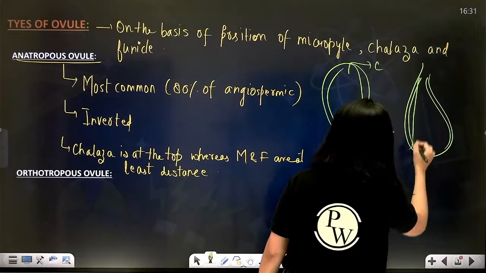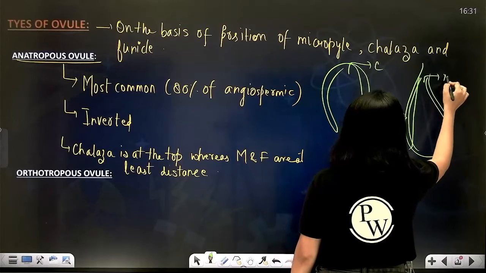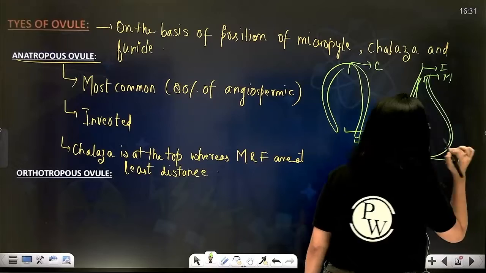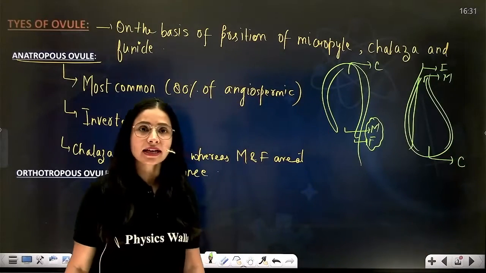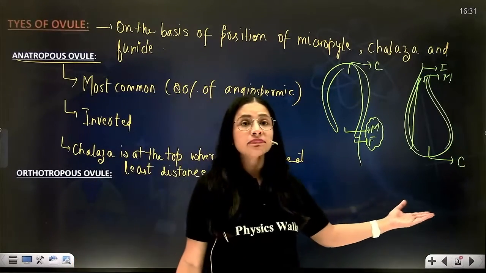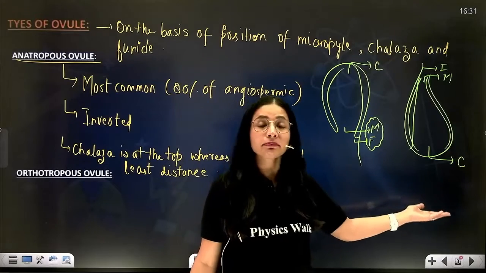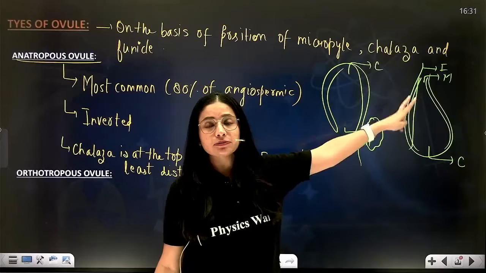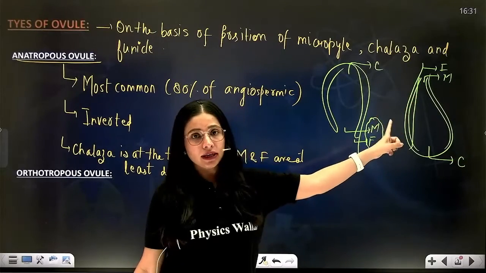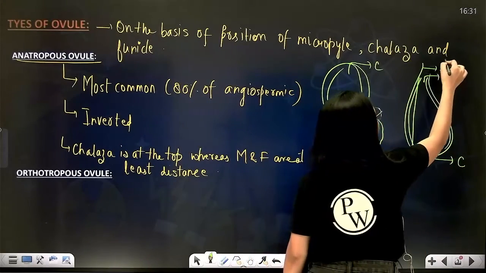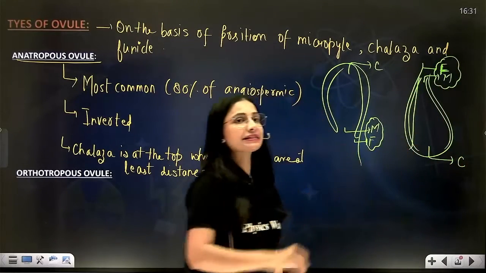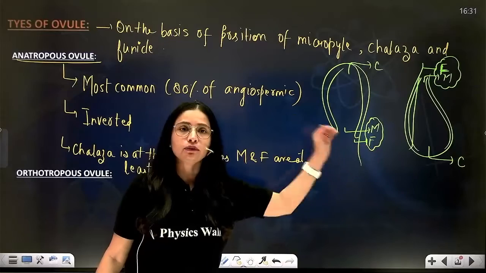Again you see, beta, this is the micropyle, this is the funicle, and this is the base, chalaza. Correct? Now you will say, ma'am, chalaza is at the base, how can this be an anatropous ovule? So beta, the main thing you have to see is the distance between micropyle and funicle. If the distance is minimum, that means it is anatropous, the inverted ovule.